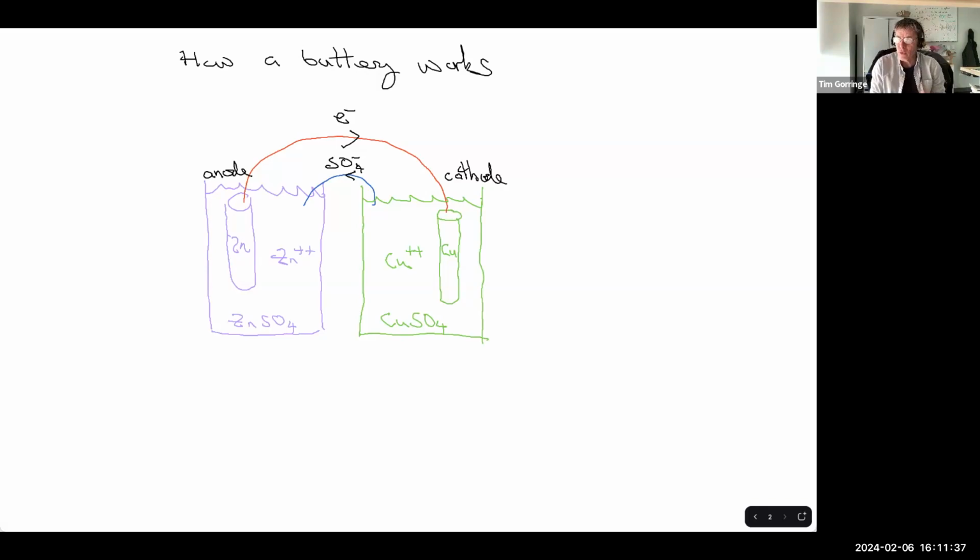Some atoms want to gain electrons. Other atoms are happier to lose electrons. And so when you compare atom with atom, molecule with molecule, a distinguishing feature between different types of atoms, different types of molecules, is their preference for gaining electrons versus their preference for losing electrons.